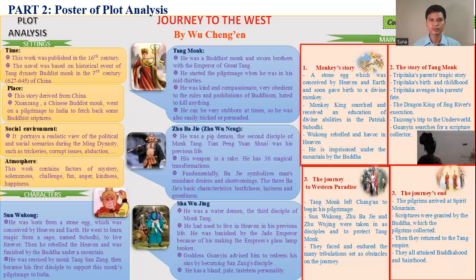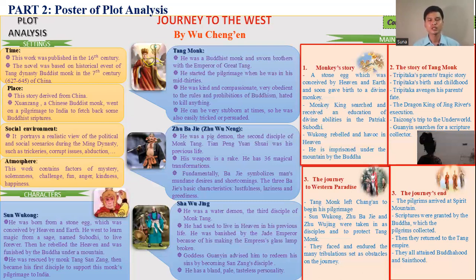The first period is monkey's story. The second period is the story of Tang monk. The third period is the journey to Western paradise. And the last period is the journey's end. Now let's talk about monkey's story.